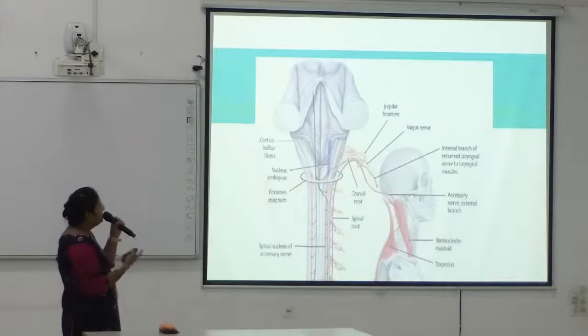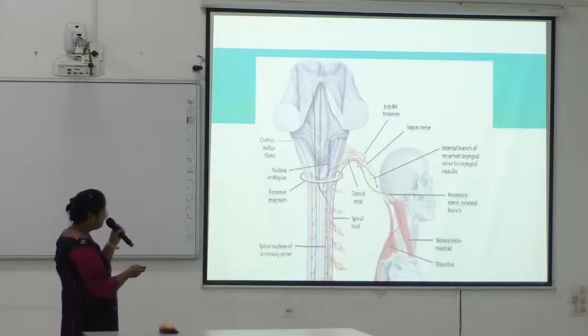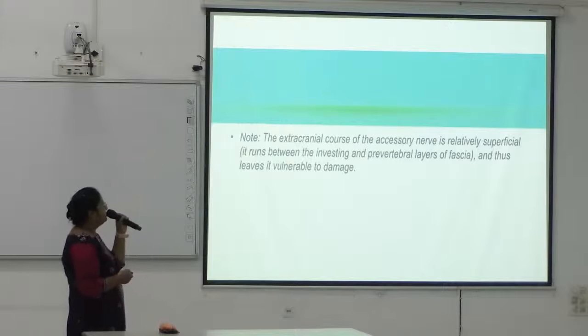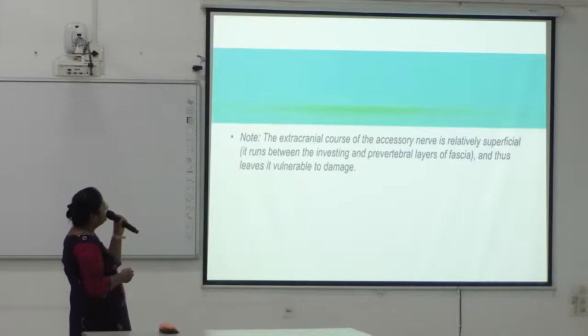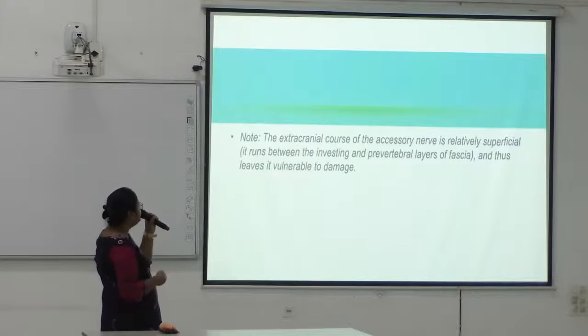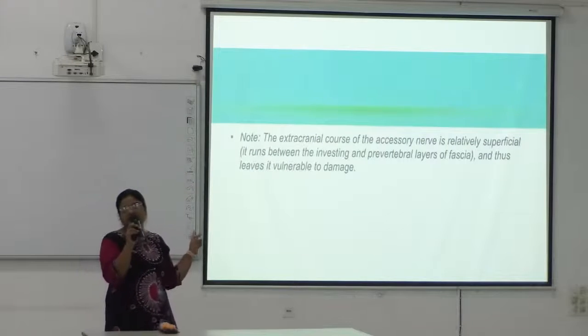Along with the 9th and 10th nerves, the extracranial part of the accessory nerve is seen during dissection of the posterior triangle.